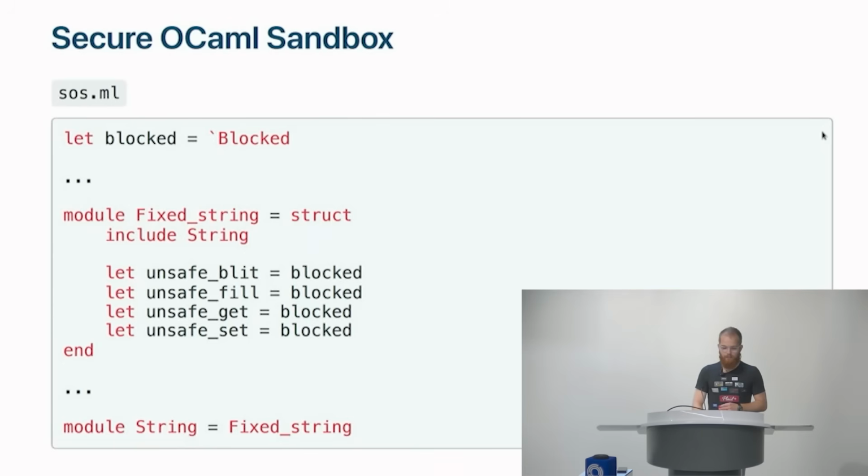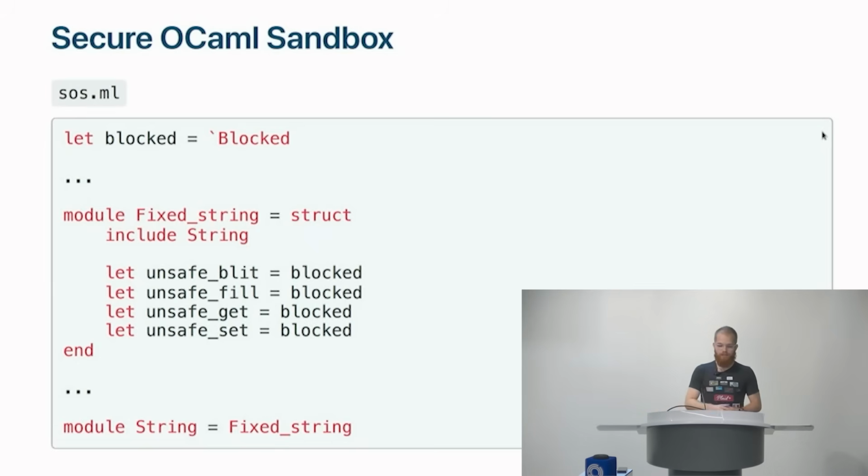So we can take a little bit of a look at what the sandbox is in order to understand how we're blocking these things. In OCaml, you have modules that describe lots and lots of values. And we also have this thing where you're able to shadow values and shadow functions. What that means is that you can override the definition of a particular function or a particular value and set it equal to something else.